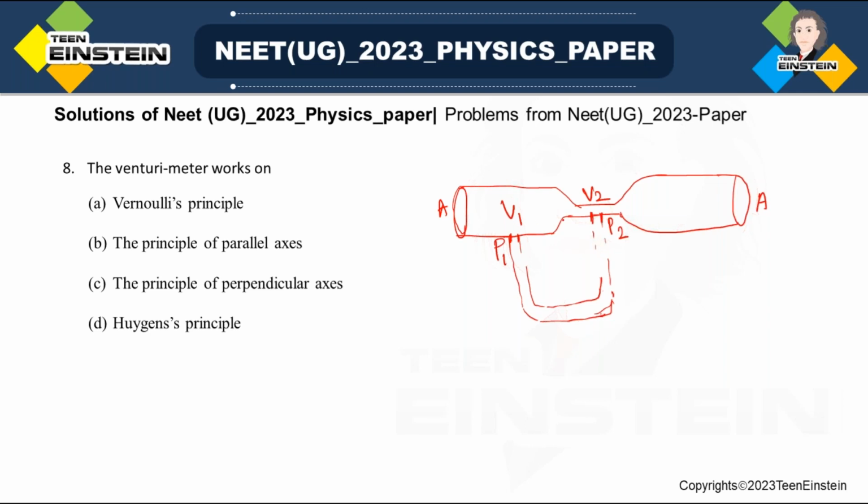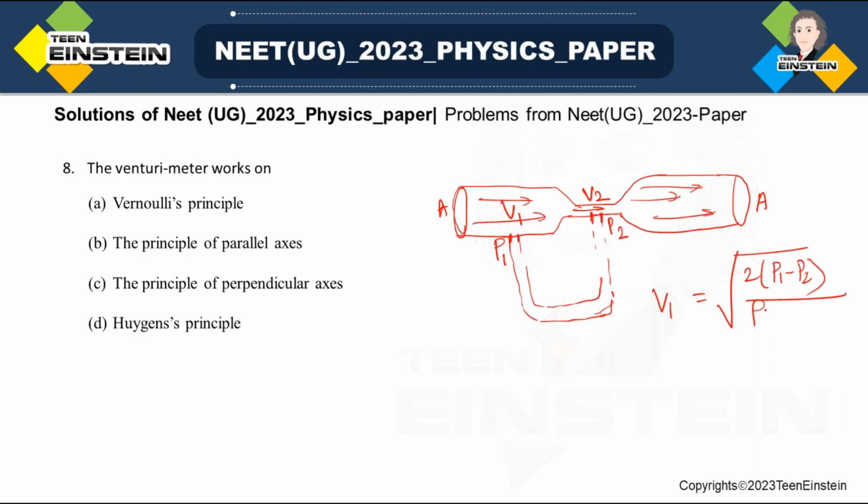So due to this pressure difference, there will be flow of liquid through this, and it has flow velocity v1 is equal to square root of 2 (P1 minus P2) divided by rho.